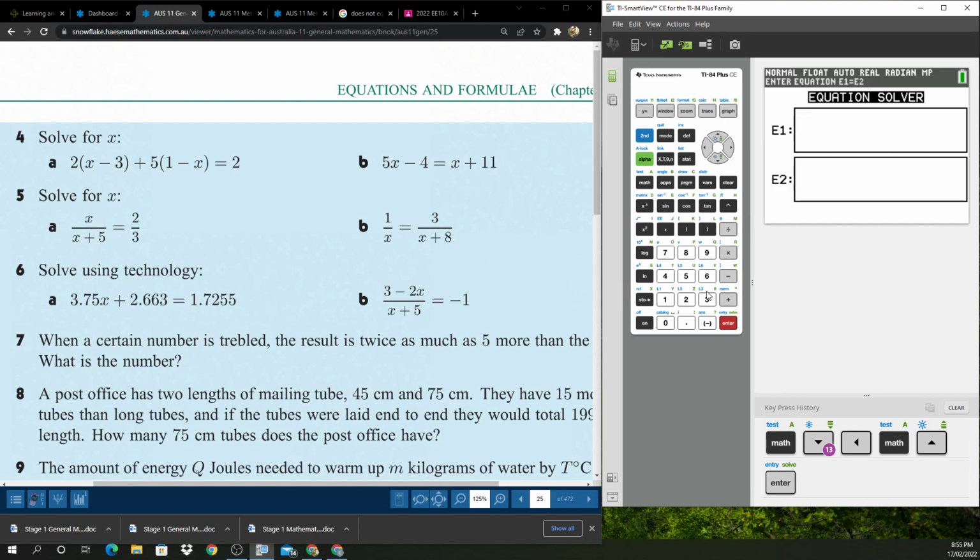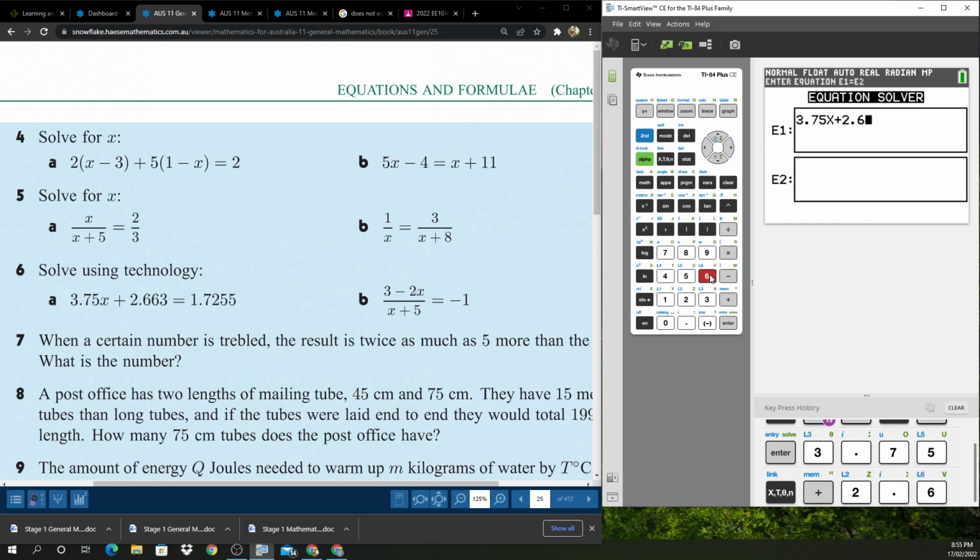So let's try the first one. So 6a, 3.75. The x is the variable key up here next to the alpha. X plus 2.663. Okay, enter. Then all we've got to do on the right-hand side is 1.7255.